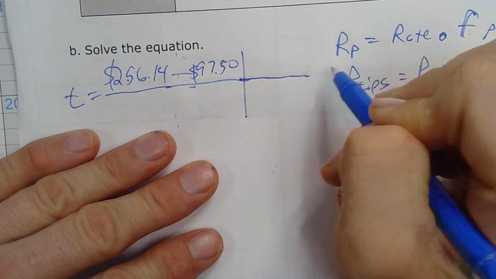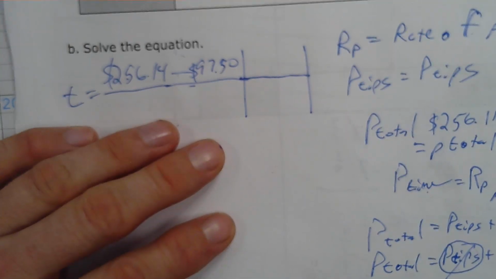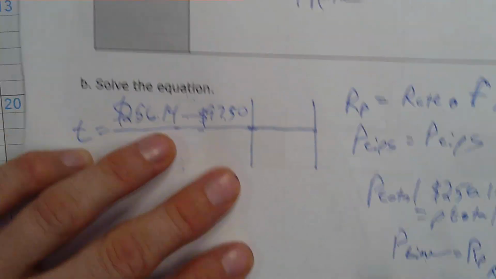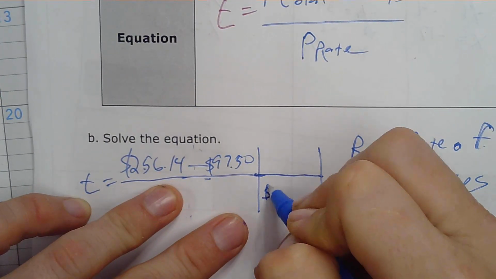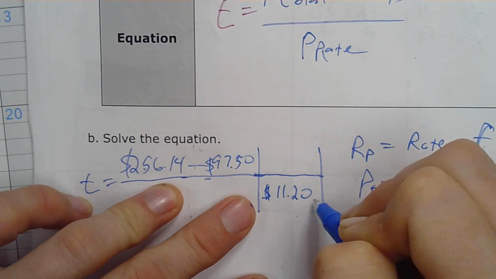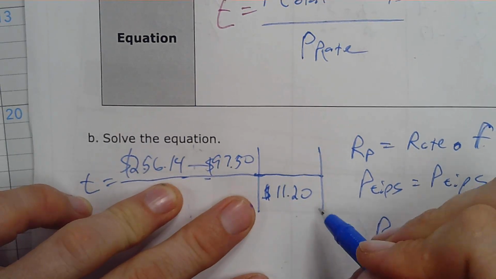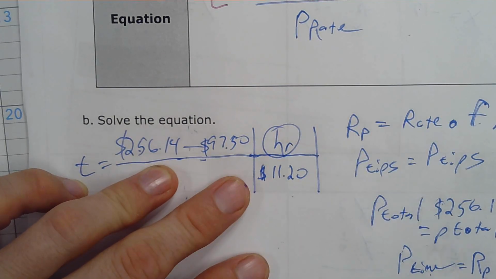And then divided by the pay rate. The pay rate is in dollars per hour, right? So I can do $11.20 per hour, when the denominator of a denominator is the numerator. So per hour, I end up with hours.